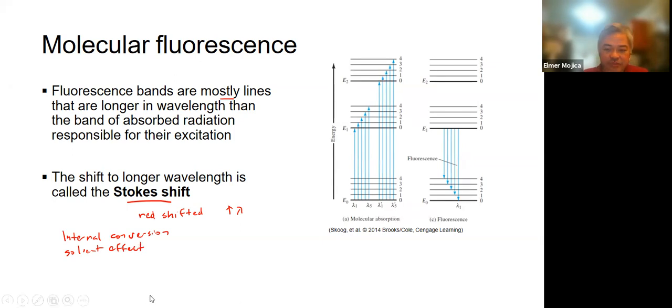If we go further, the Stokes shift is one property that they utilize in fluorescence to characterize the fluorophore. When we say fluorophore, these are fluorescent materials usually used as a tag.